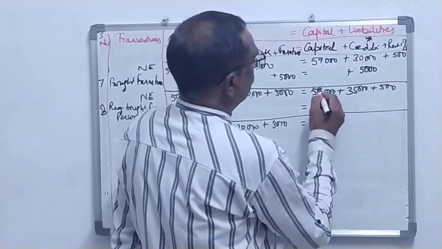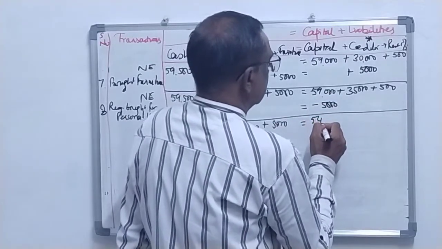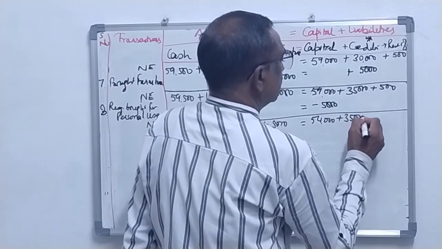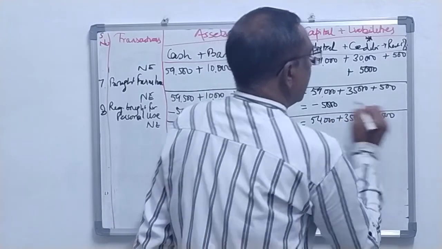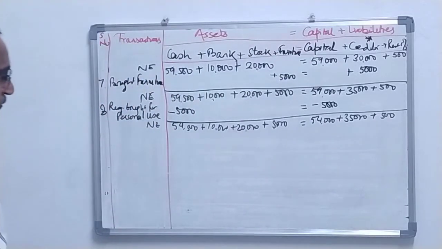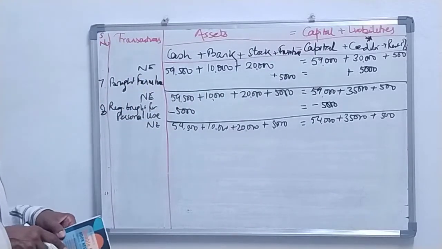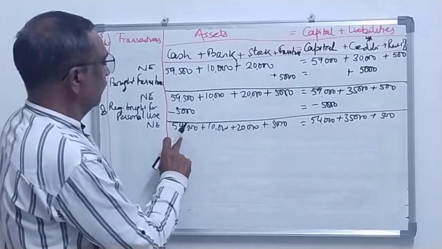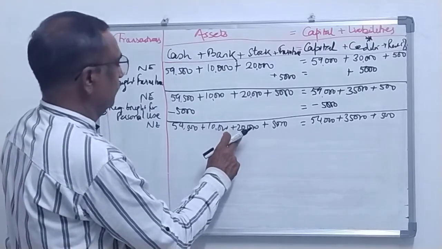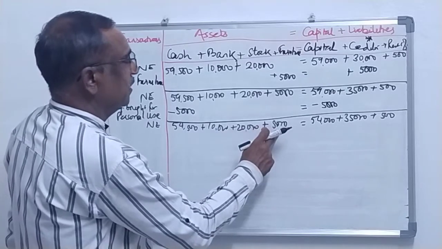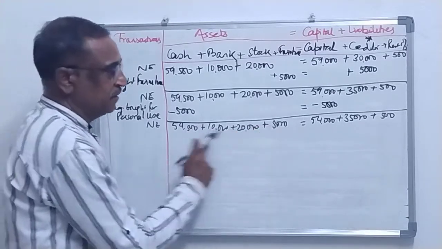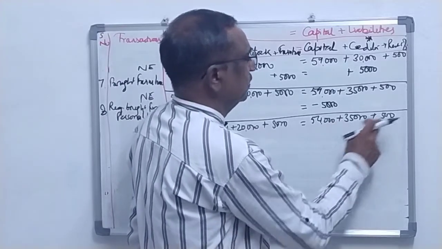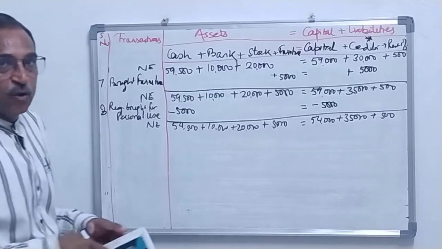This will be equal to 54,000 plus 35,000 plus 500. Okay? Clear? If you make a total: 54, 64, 84 and 89,500. 54 and 35, 89,500. Both sides are equal.